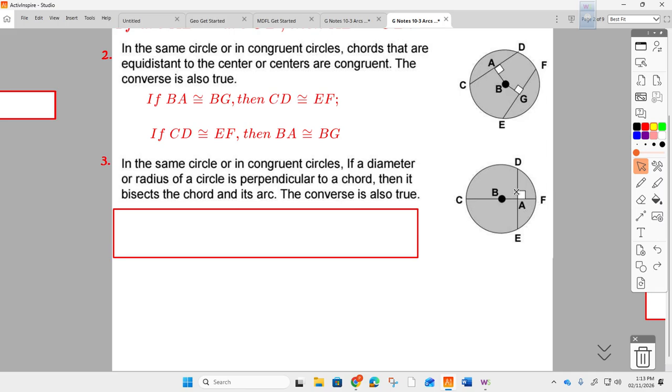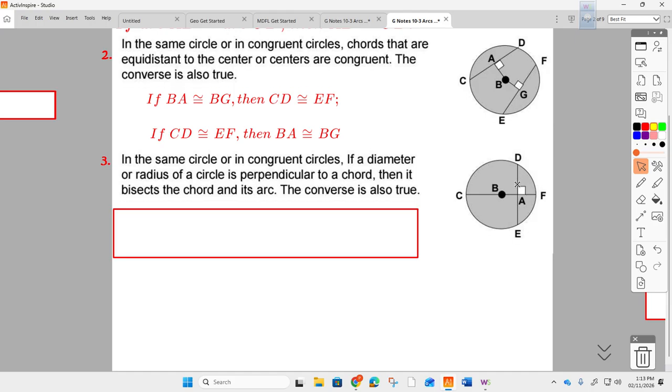If it makes a right angle with this chord, then we know that this radius or diameter is bisecting the chord, and it bisects this arc, too. So this and this are congruent, and this arc and this arc are congruent.